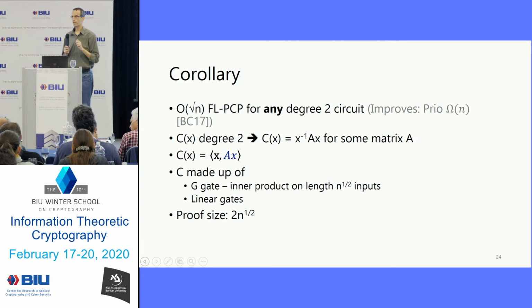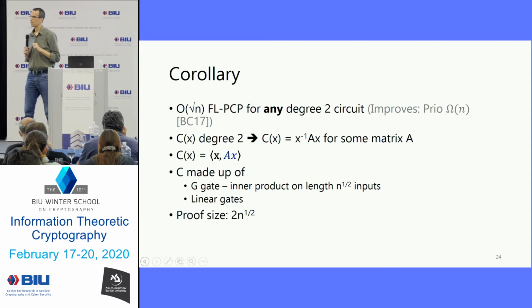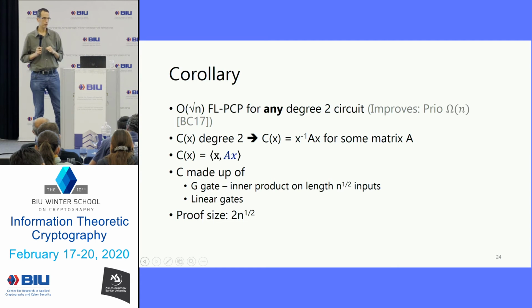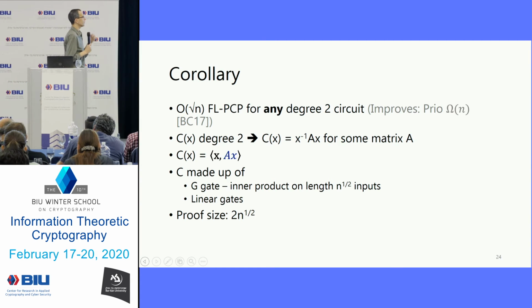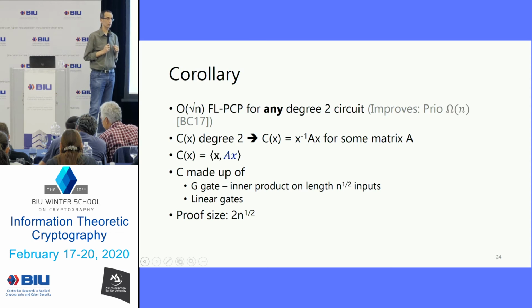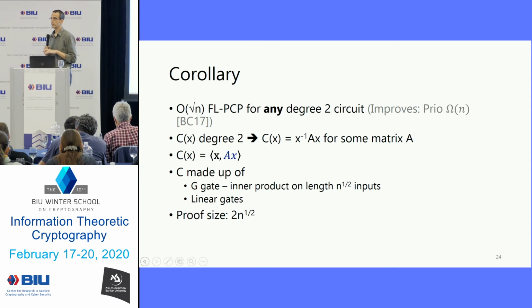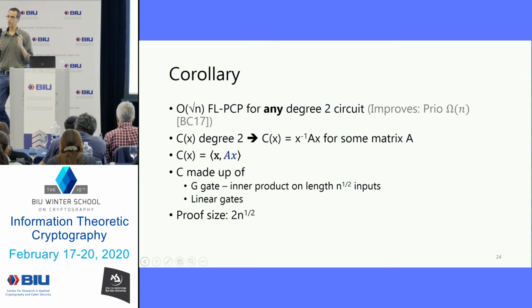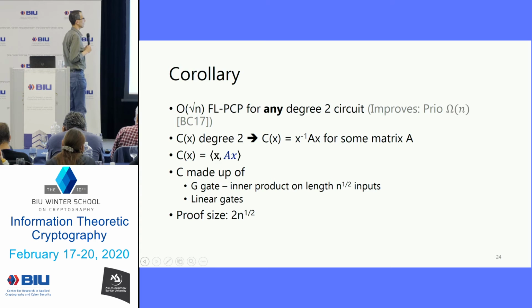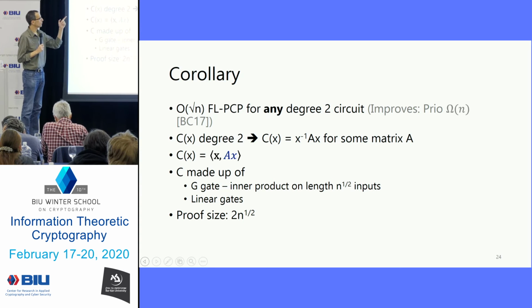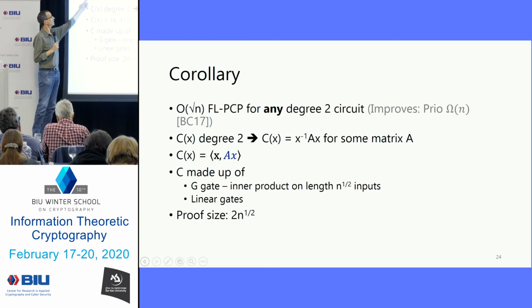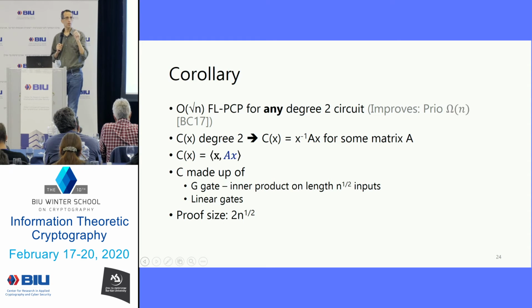Okay, so that was a theorem, and this is a corollary that's going to be very useful. If we have any degree 2 circuit, so this is some circuit that looks as if it's a polynomial with degree 2, then we're going to have a fully linear PCP of size square root of the circuit size.